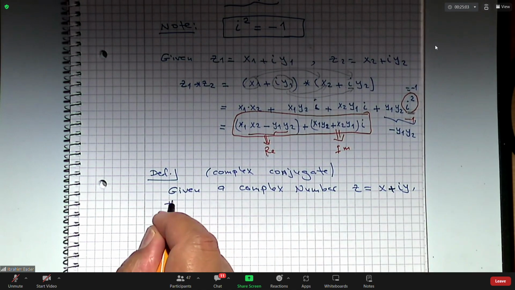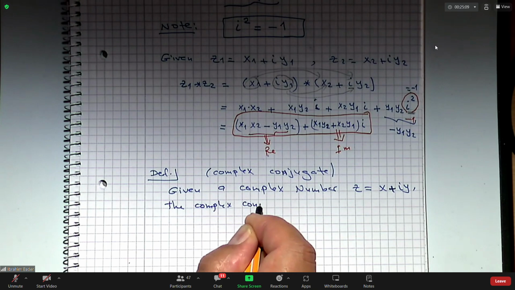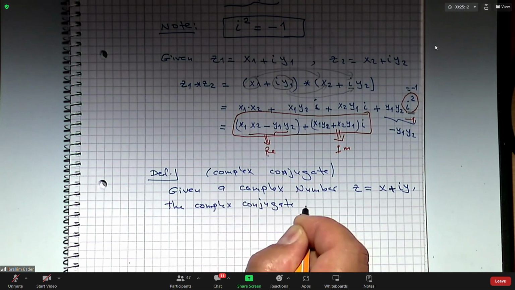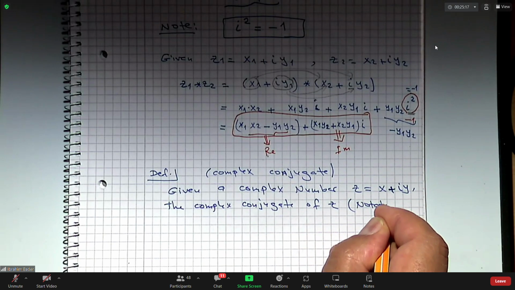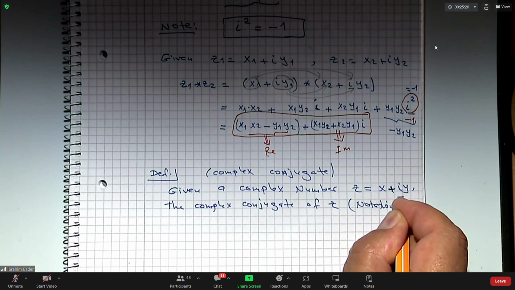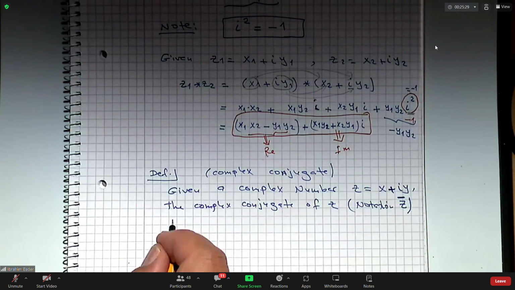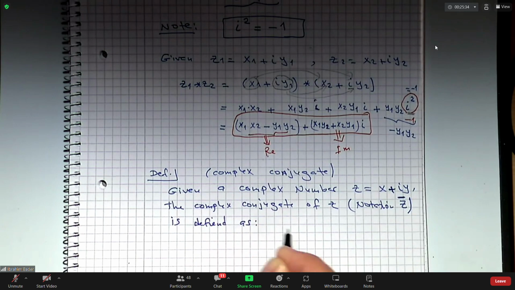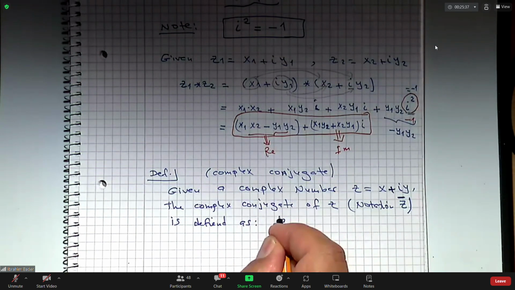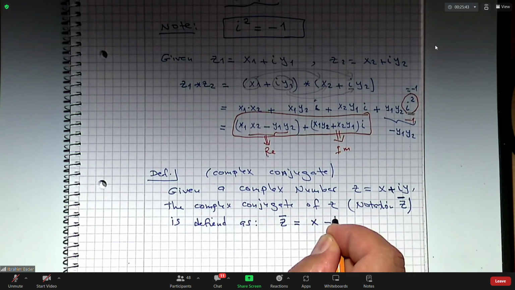The complex conjugate of Z, we will use the notation Z with a dash or a bar on top of it, is defined very simply: Z conjugate equals X minus I Y.